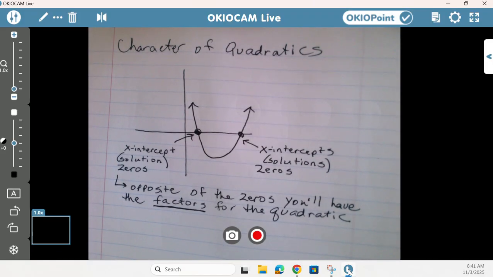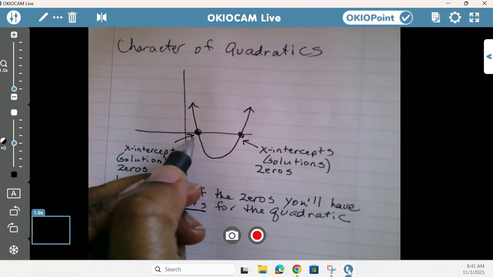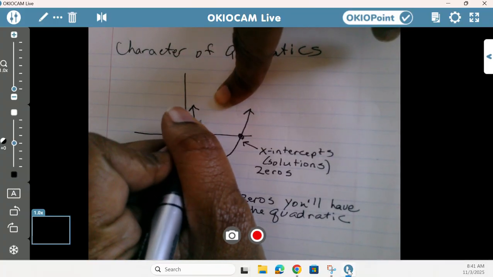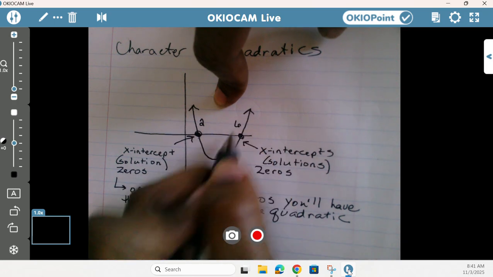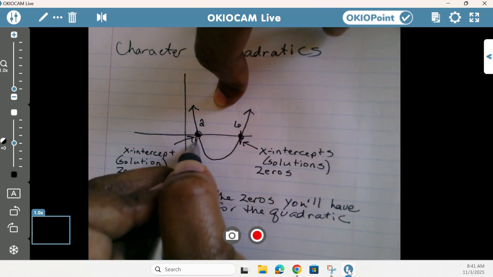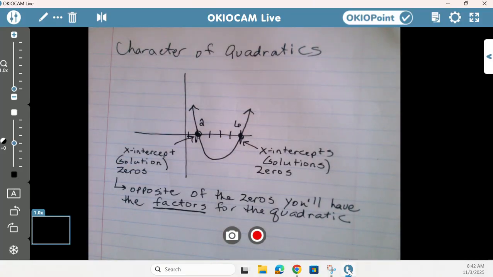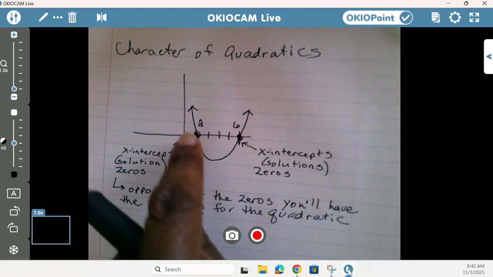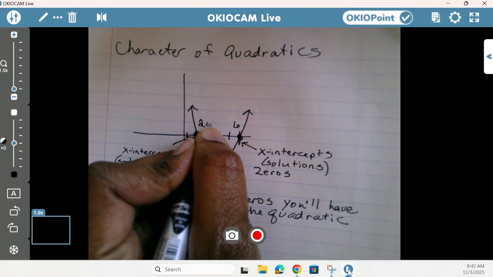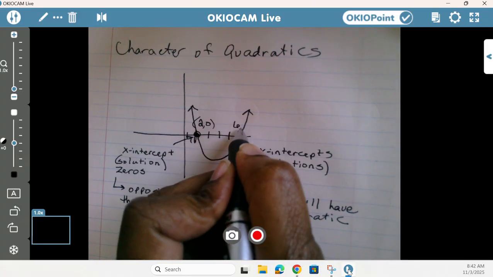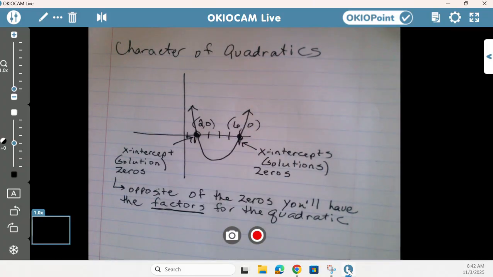So if this is a parabola and the x-intercepts are, let's say, at 2 and 6, if this point is (2, 0) and this point is (6, 0), then we have enough information to write our factors.